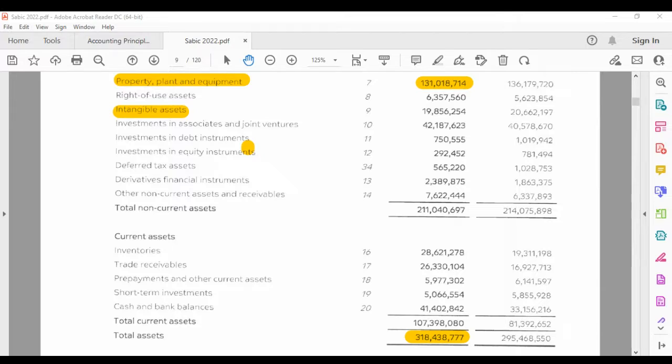Bassam, can you tell me what is the percentage of property, plant, and equipment in terms of total assets for SABIC for year 2021? Two numbers are given, 131 million divided by 318 million approximately. What will be the number?